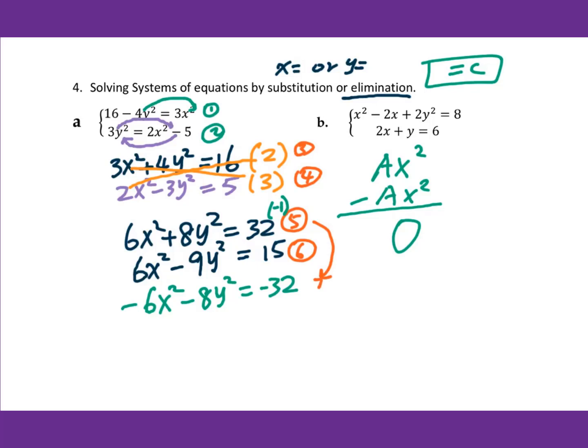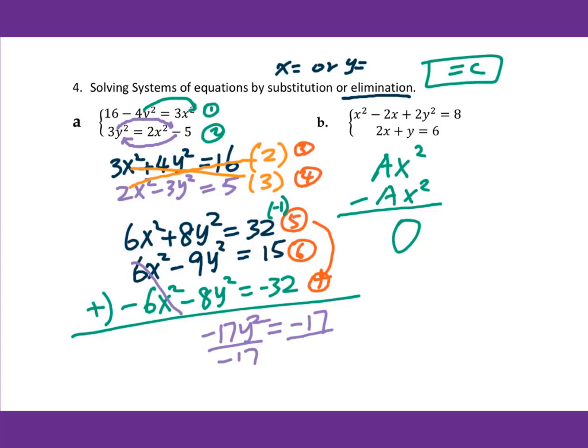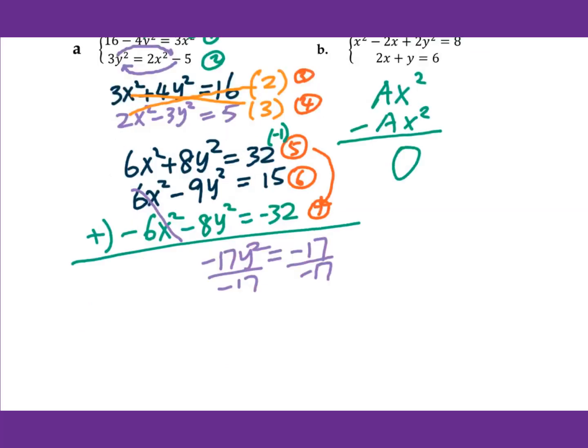I label this 7. Then I will add together. This is gone. Negative 17y squared equals negative 17. Divide by negative 17 on both sides. You will get y squared equals 1.